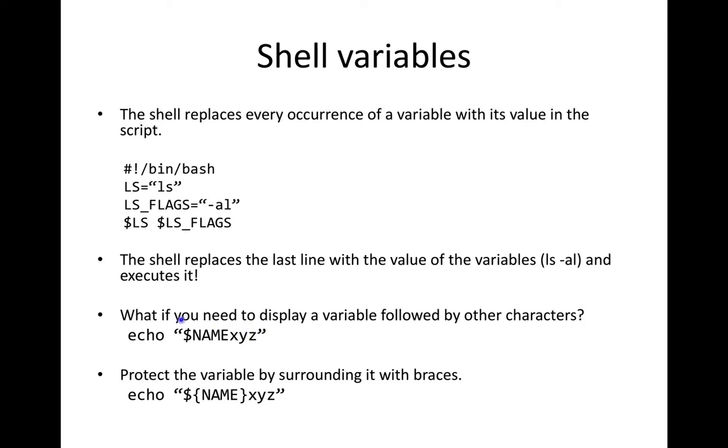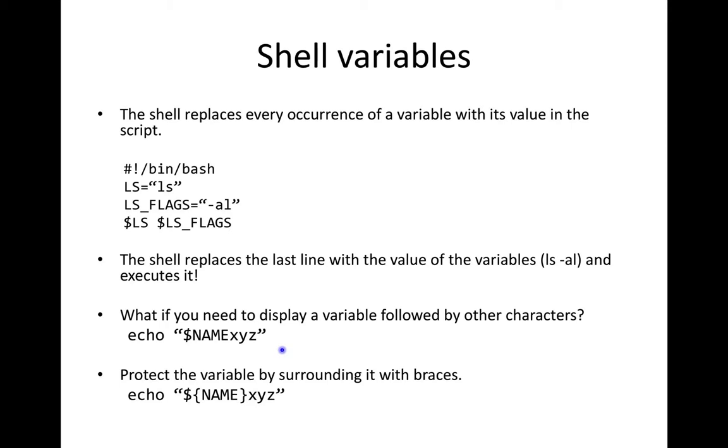Well, if I ran the command like this, what's going to happen is that the interpreter is going to look for a variable called namexyz, and it's probably not going to find that variable. My intention is that it should find the value of the name variable and then concatenate it with xyz, but that's not what it's going to do.